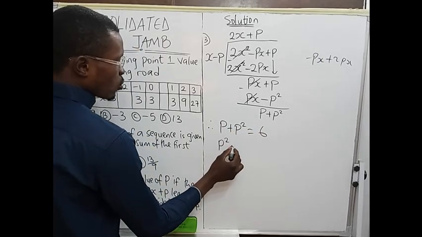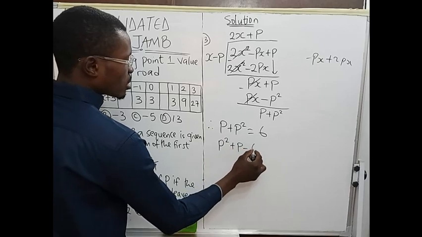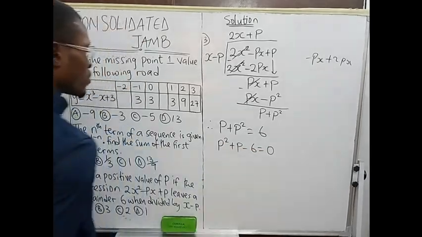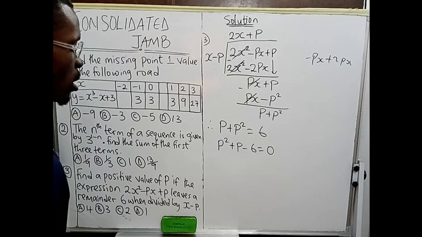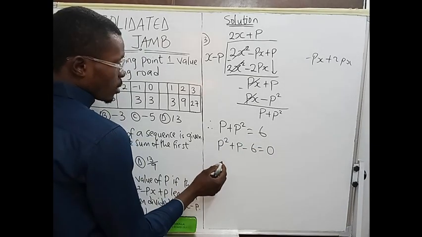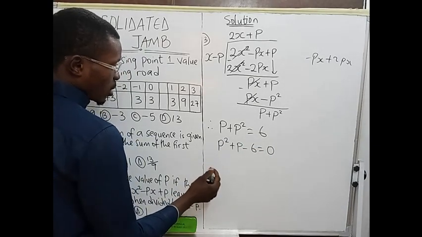This is the same as saying p squared plus p minus 6 equals 0. We solve using the quadratic formula.